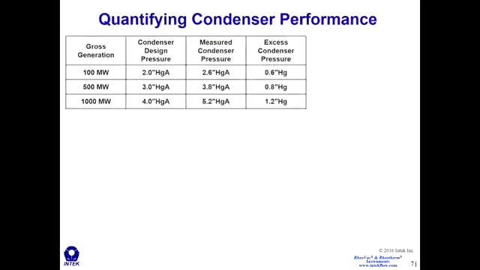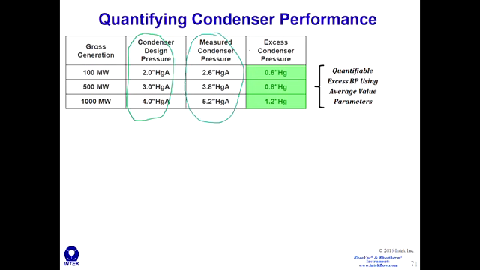And so, again, to give you just an idea of what's coming up tomorrow, today we talked about methods that you can use to calculate a target pressure, compare it to your measured pressure, and calculate excess condenser pressure. You can do all of that using the bulk parameter methods that we talked about today, the basic condenser monitoring.